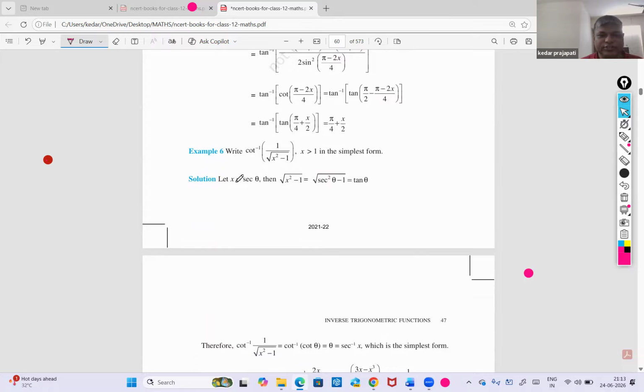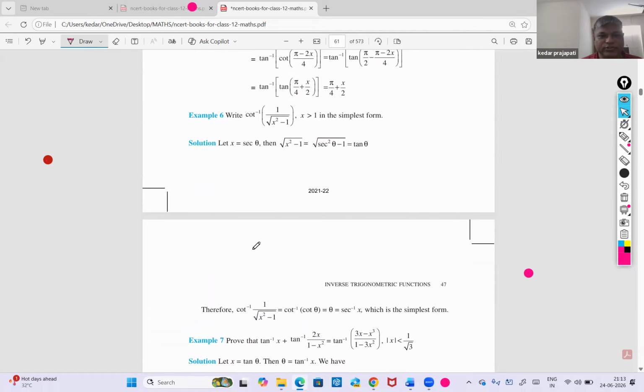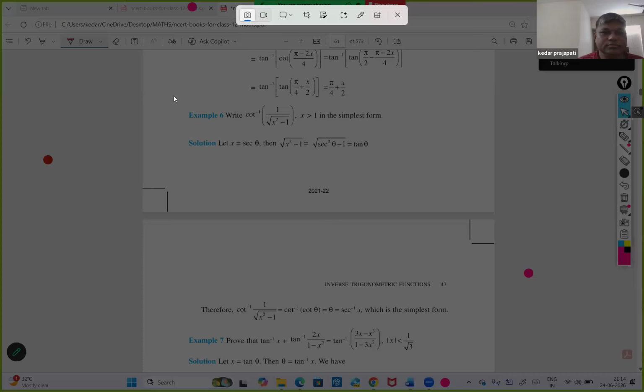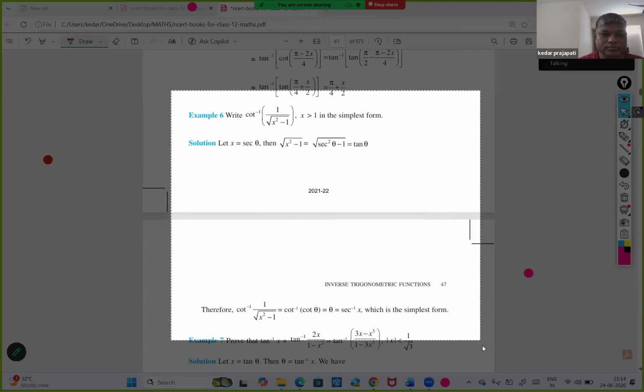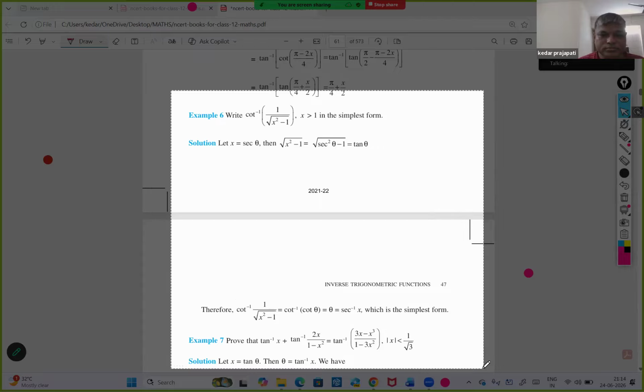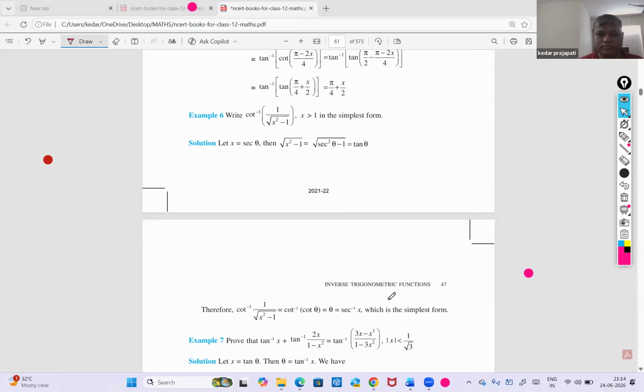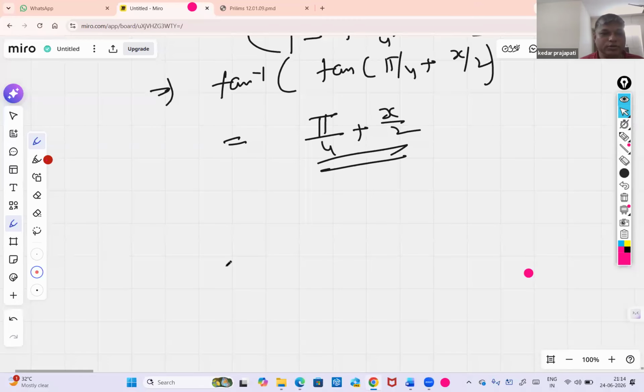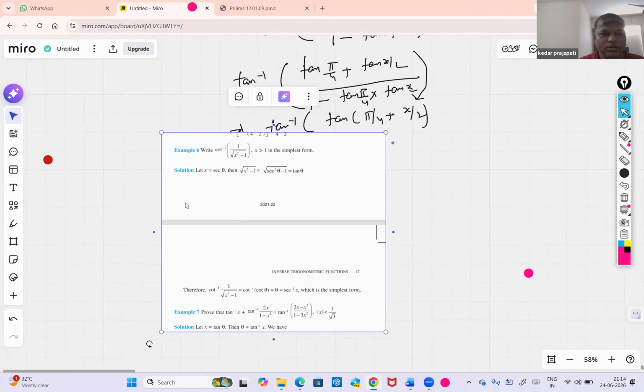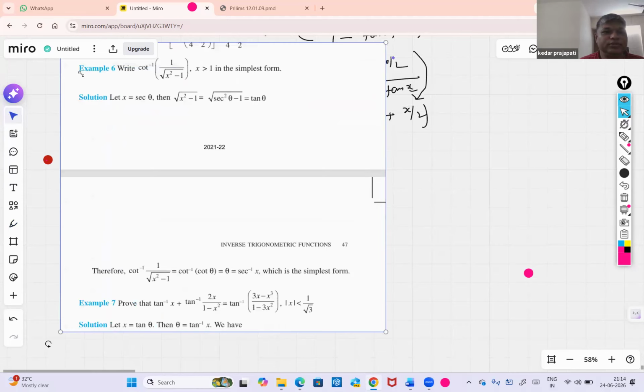Now this is another substitution question. These questions have come many times. One minute, now I'm going to solve this one.